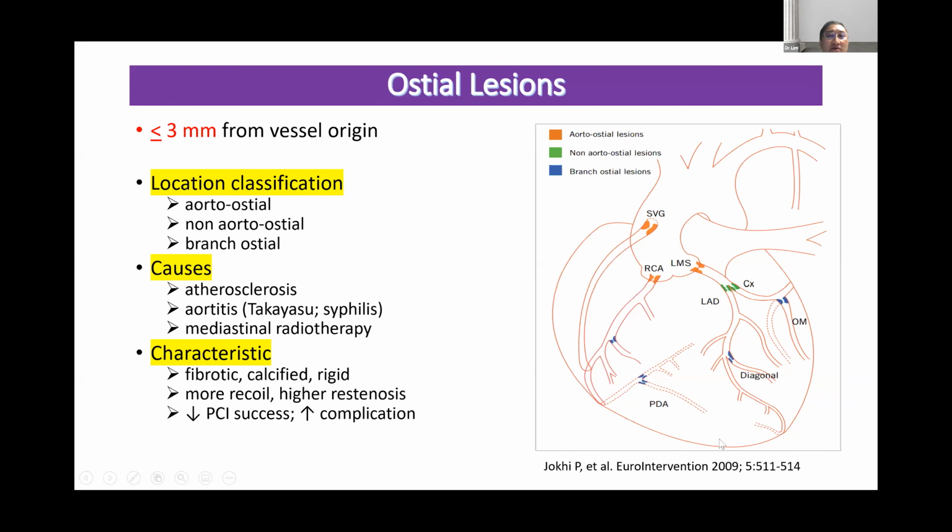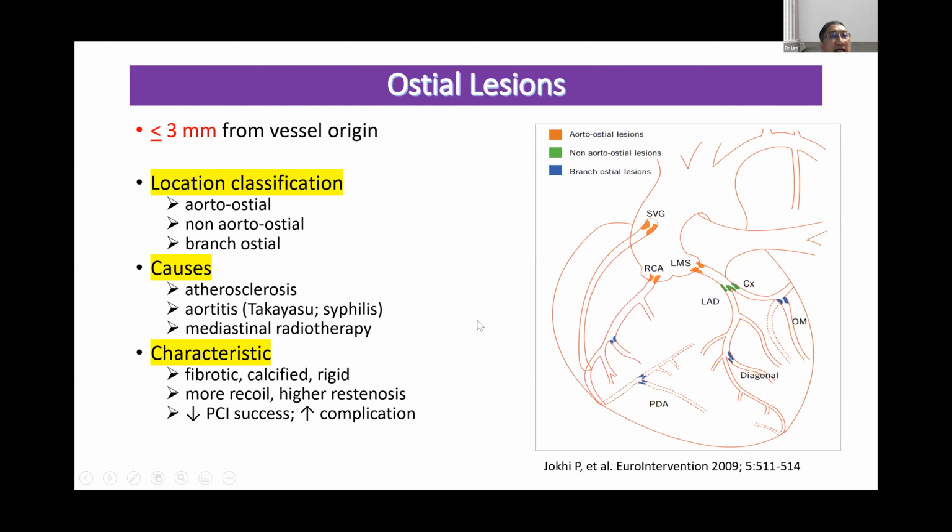Okay. So the ostial lesion is traditionally defined as those located within 3 millimeters from the vessel origin. And the classification, for location-based classification, can be divided into aorto-ostial lesion, non-aorto ostial lesion like that of the LAD or circumflex, or the branch ostial, colored blue in this diagram, that of the smaller branches.